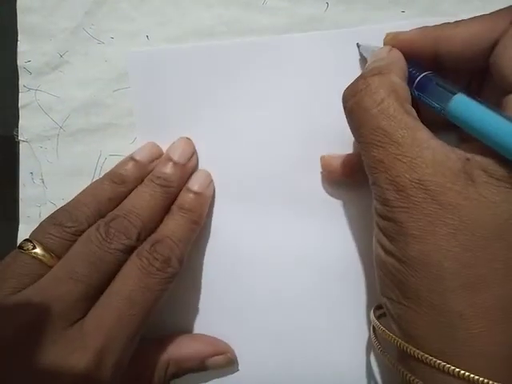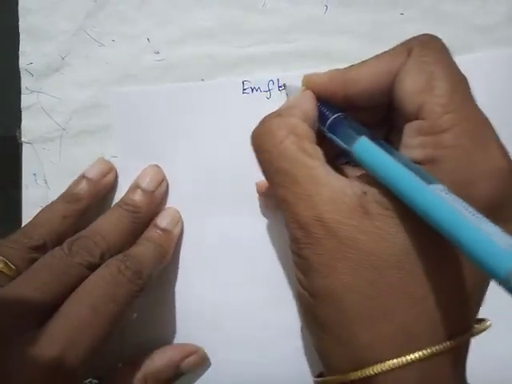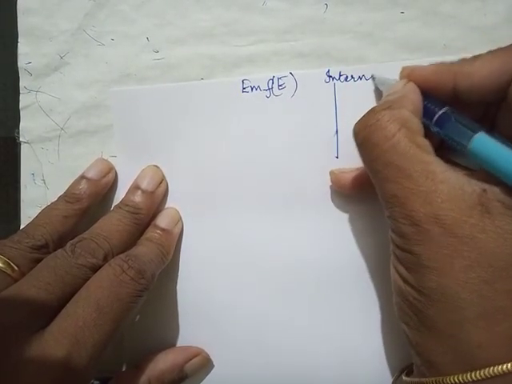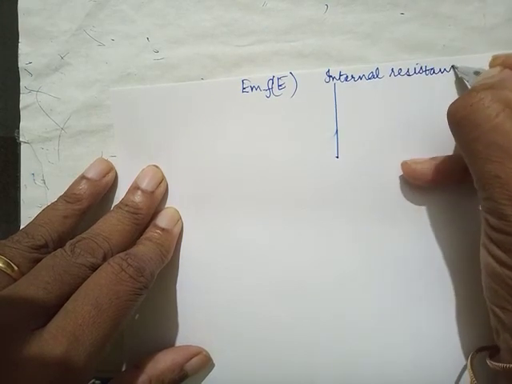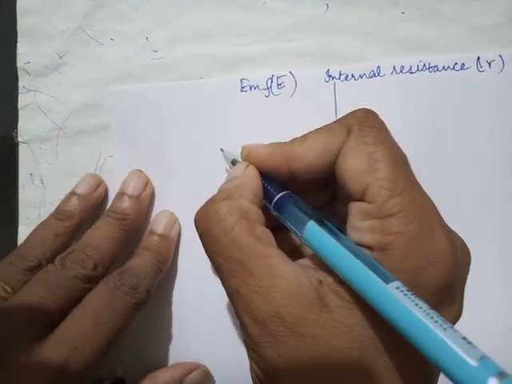So in case 1, the cell is of EMF E and internal resistance small r.